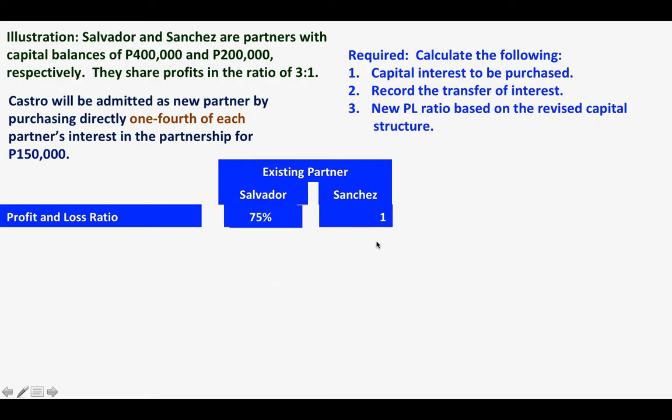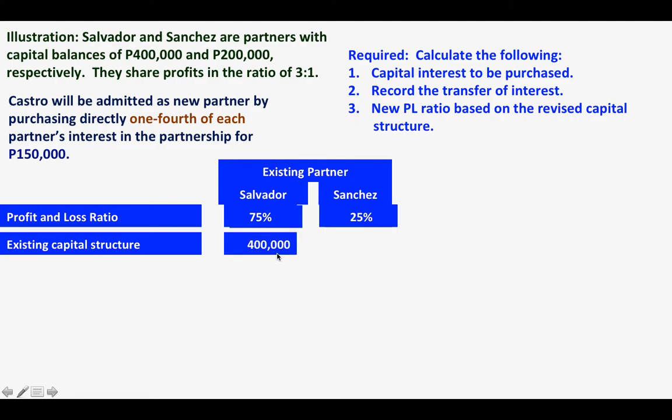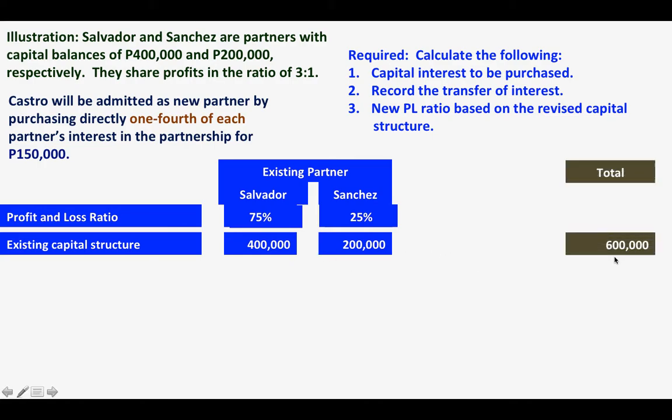So by the way, in terms of percentage, this will be 75%, 25%. And let us get the capital balances, the existing capital structure, which is 400,000 for Salvador and Sanchez 200,000. Okay, now let us consider, so the total of this capital structure is 600,000.